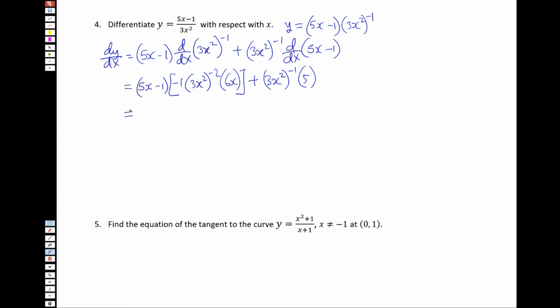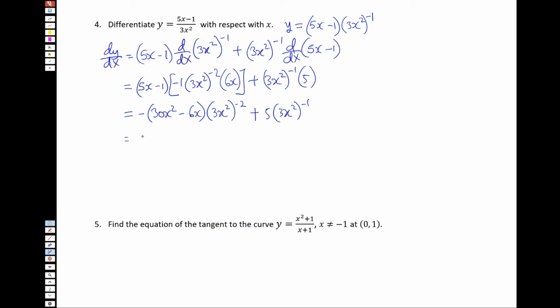And then we can simplify this. I'll first of all leave the negative out. So if you multiply 6x by that, that will be 30x squared minus 6x multiplied by 3x squared to the power negative 2 plus 5 into 3x squared to the power negative 1.